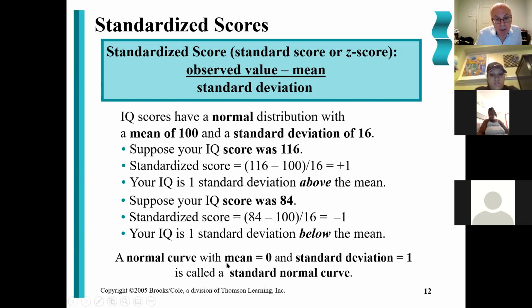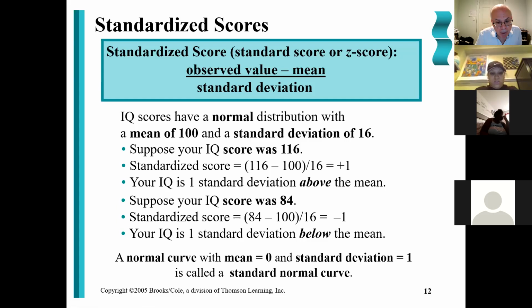So that's how you read it. Now, what if you scored 100? Well, your standard score would be 0, because if your observed score is 100 and the mean is 100, 100 minus 100 is 0, and 0 divided by 16 is 0. So a standard score of 0 means that you scored exactly the mean, right?